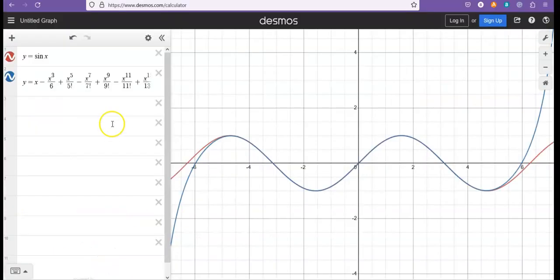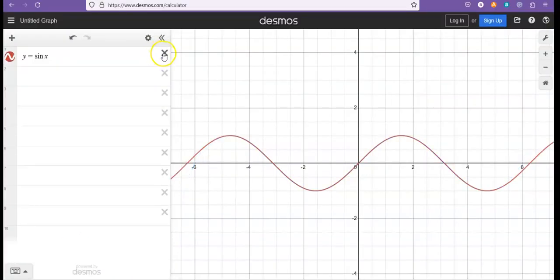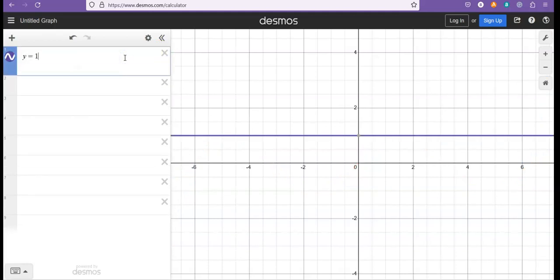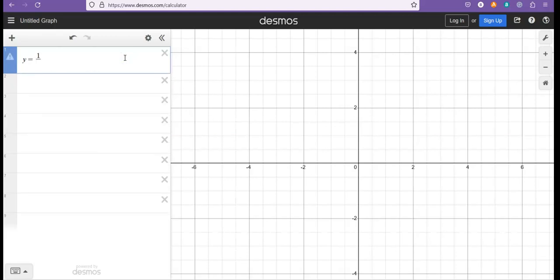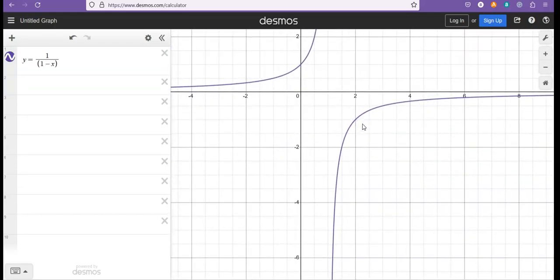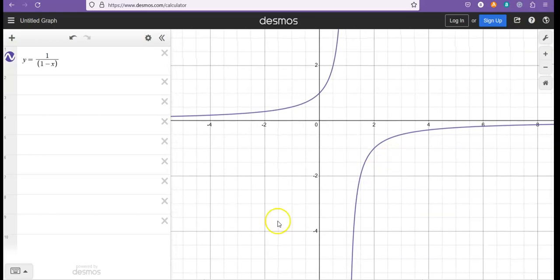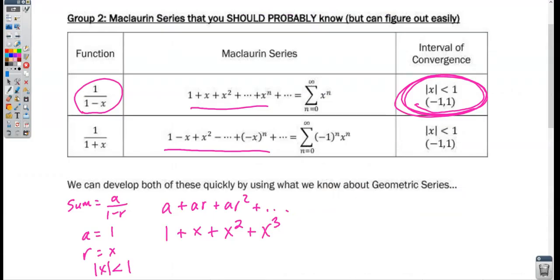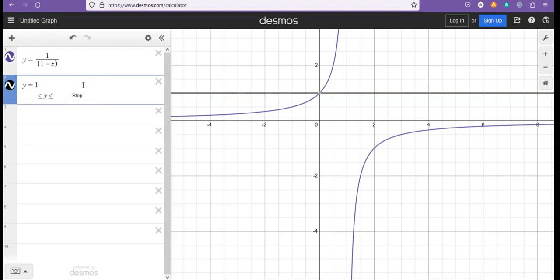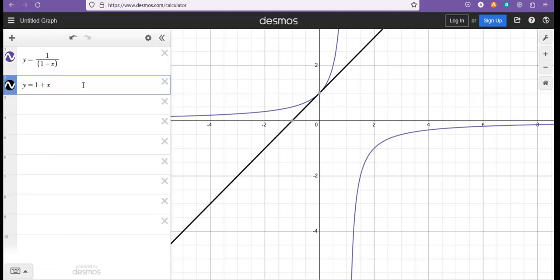So we're going to look at 1 over the quantity 1 minus x. All right, here's the function. And we're looking for it to converge from -1 to 1, which is our interval of convergence. All right, so y equals 1 plus x.